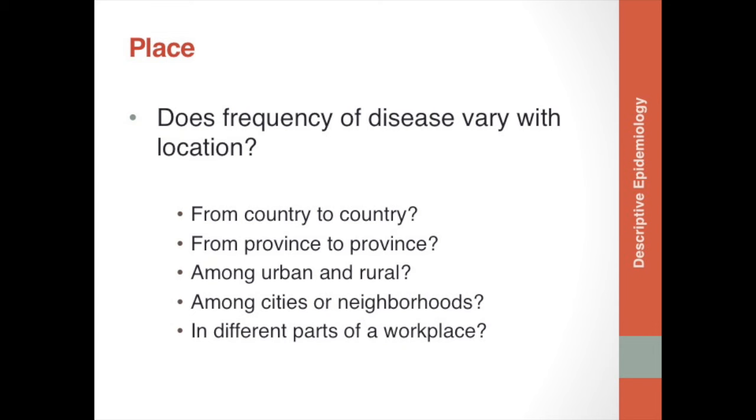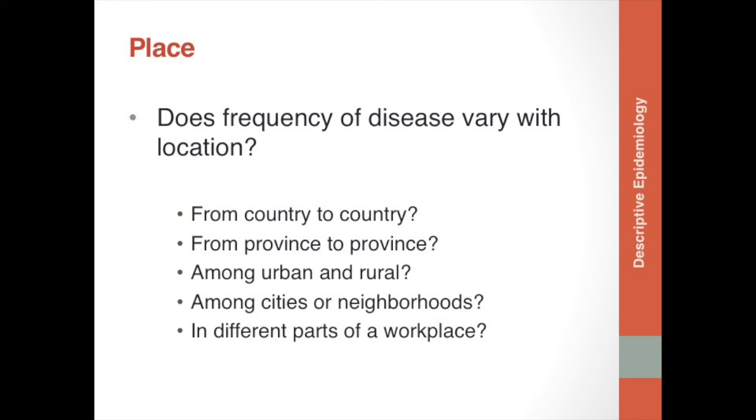Descriptive information about place provides insight into the geographical extent and variation of the problem under study. Place refers not only to residency area, but it refers to any geographic location. It might include place of birth, site of employment, school district, hospital unit, or even recent travel destinations.